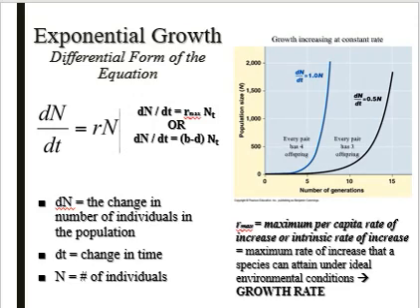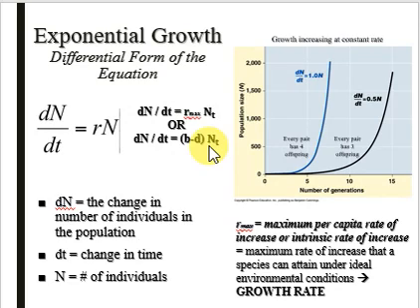This we call the differential form of the equation. So here, that dN over dt value, right, that equals rN. rN is further equal to birth rate minus death rate for a specific number of individuals at a moment in time.